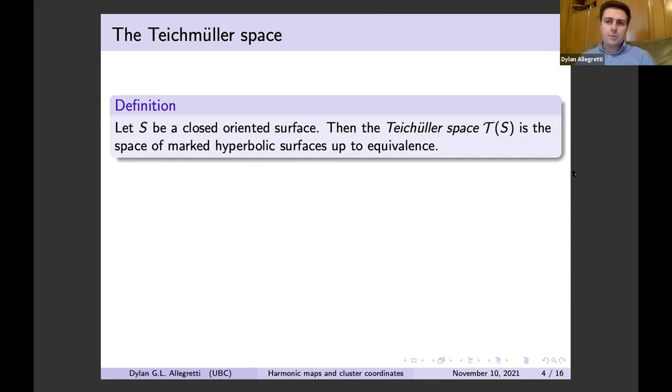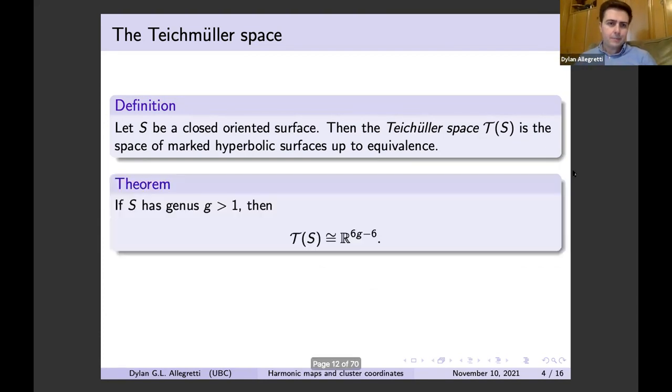We're going to consider Teichmüller space as parametrizing different hyperbolic metrics on a surface. There's a basic theorem of Teichmüller theory that says if your surface S has genus bigger than 1, then the Teichmüller space is homeomorphic to a Euclidean space of dimension 6g minus 6. Okay, so that was all of the stuff about Teichmüller space that I wanted to review.